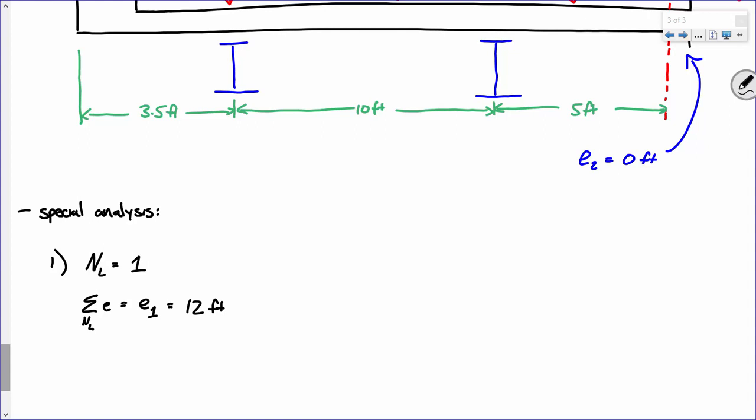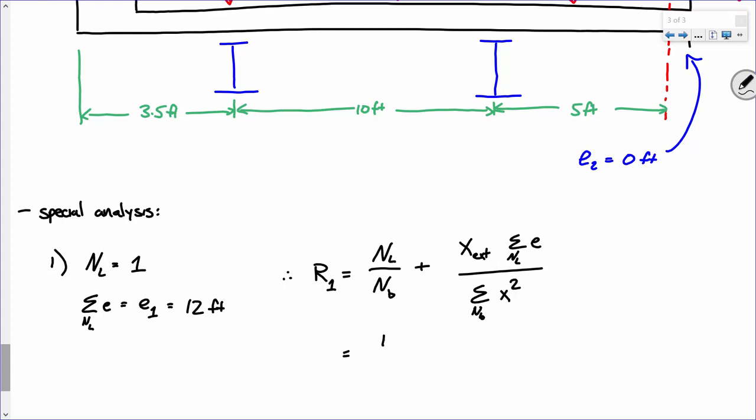So I propose then that special analysis for one lane is going to equal the number of lanes divided by the number of beams plus x ext times the sum of all my eccentricities divided by the sum of my x squared. So that is 1 over 4 plus what?